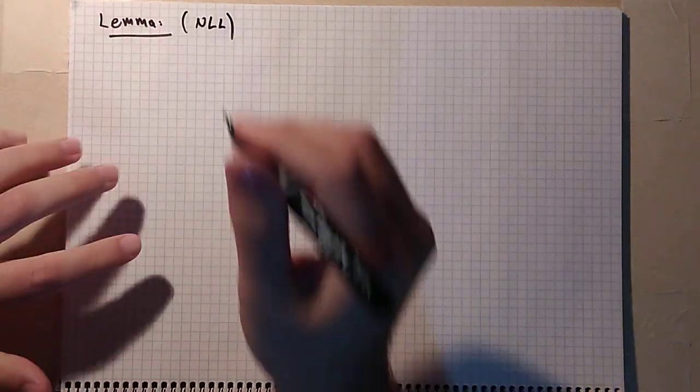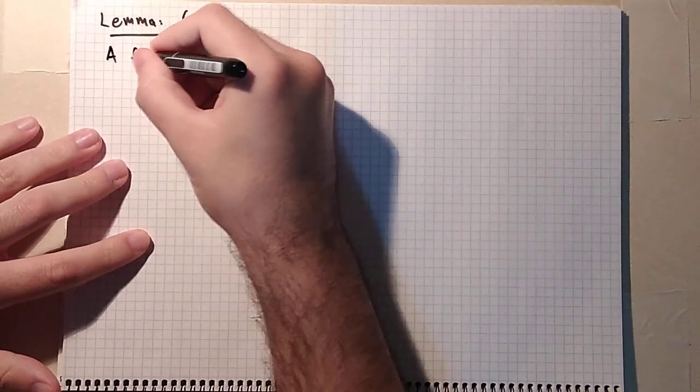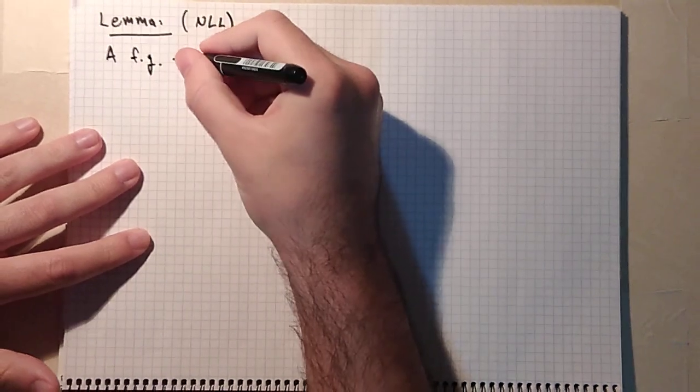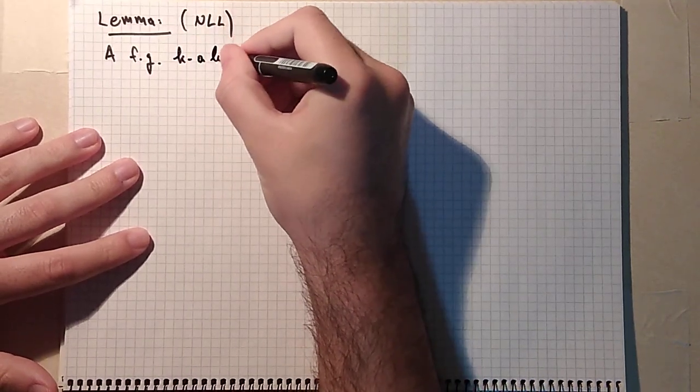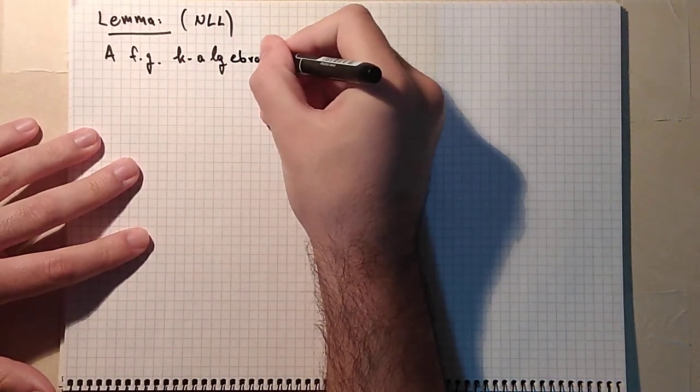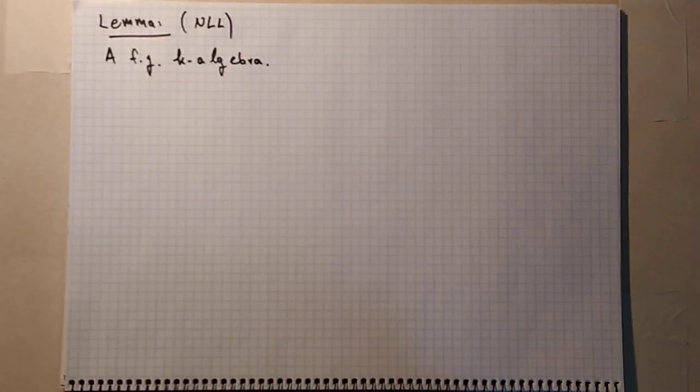So the lemma states the following. We start again with A being a finitely generated K algebra, and I should note that I'm not making any assumptions on my field K. So in particular, I don't assume that K is algebraically closed, right?